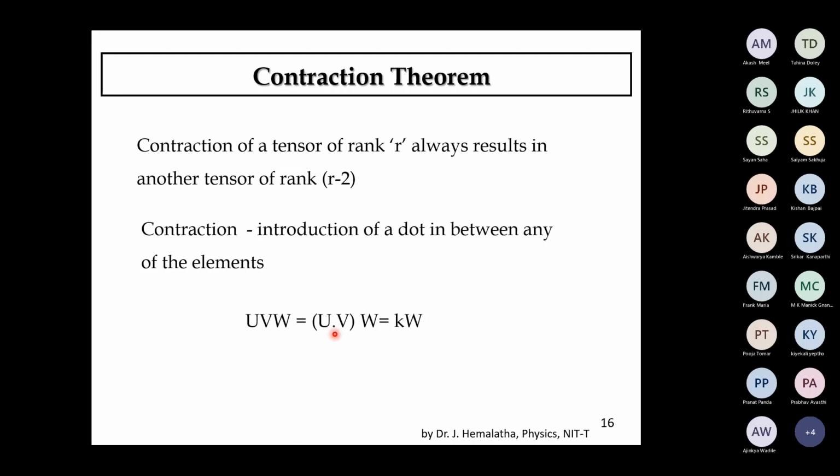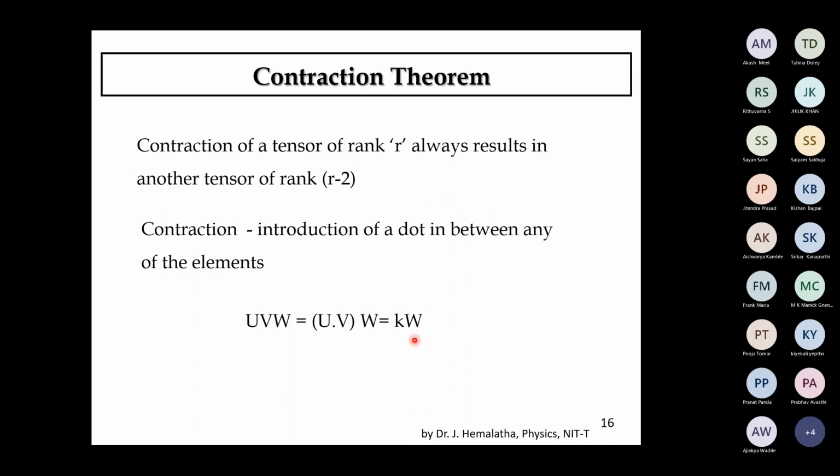I involve dot product between this one. So U dot V, it is going to give you a scalar, isn't it? Because though they are the tensors, they are nothing but the vectors. So since the order is 1, it's going to give you a scalar. So I have taken it as K. U dot V, now it has given a scalar. The scalar into this vector.